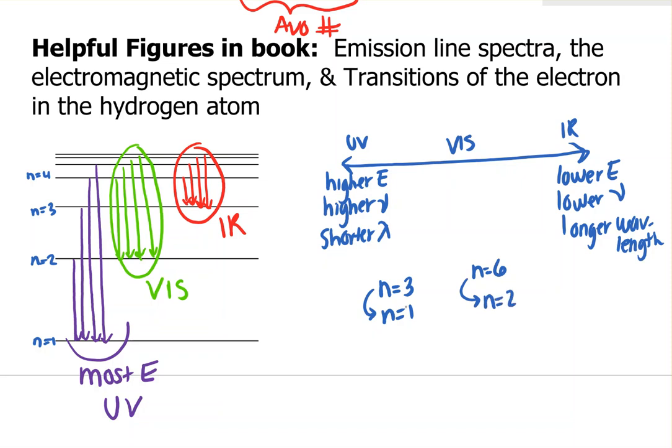It doesn't matter how many energy levels are involved in the transition. This one involves more levels. What matters is where it ends, because of this large gap here. So this will always end up in the UV, and this will end up in the visible, which is less energy.